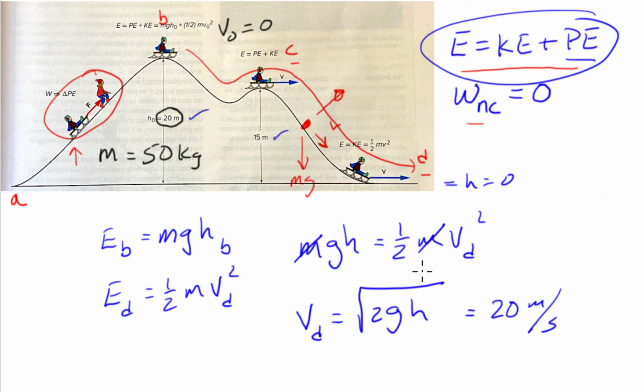So if you had to put money on a luge race and one of the luge contestants was heavy and kind of fat and the other one was thin and kind of skinny, I'd put my money on the heavy one every time. But in our analysis, that's not revealed because it all starts from the fact that we're ignoring friction, that the non-conservative work is 0.